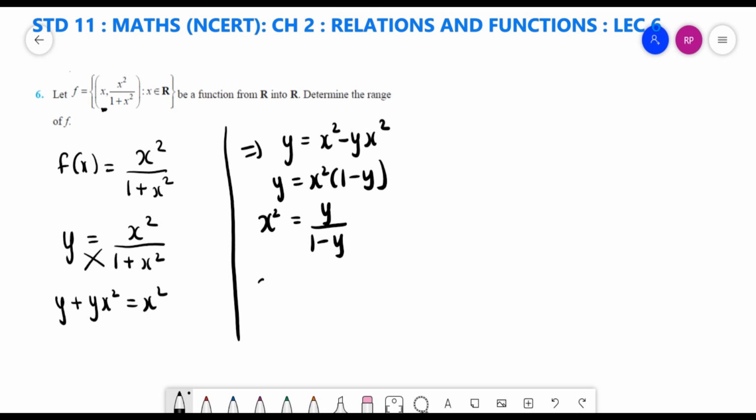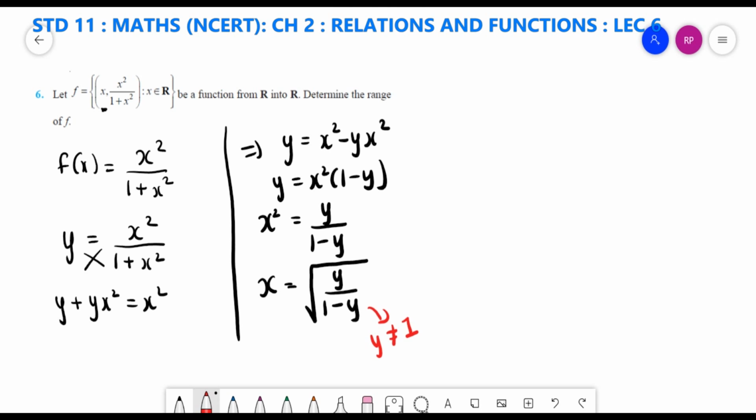So x will be equal to square root of y upon 1 minus y. Right? So this shows that y cannot be equal to 1. Reason: if I take y equal to 1, then 1 minus 1 equal to 0, and we know that the denominator cannot have the value of 0. So y is not equal to 1.